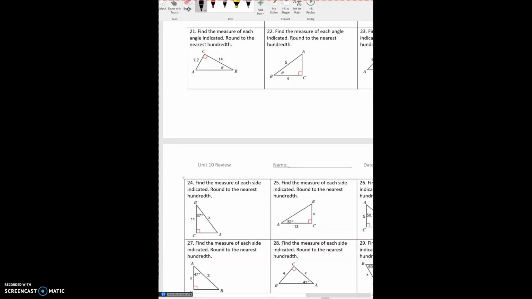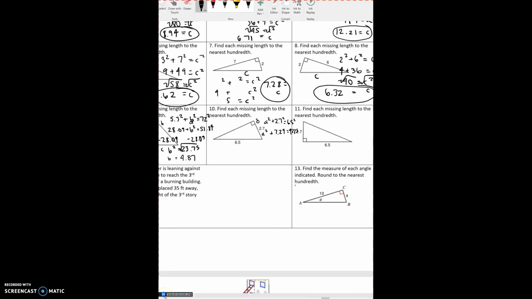Need to subtract 7.29 from both sides. A squared is equal to 34.96. Square root both sides, and A is equal to 5.91.